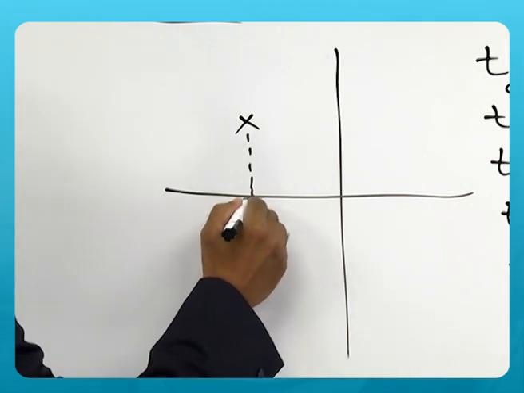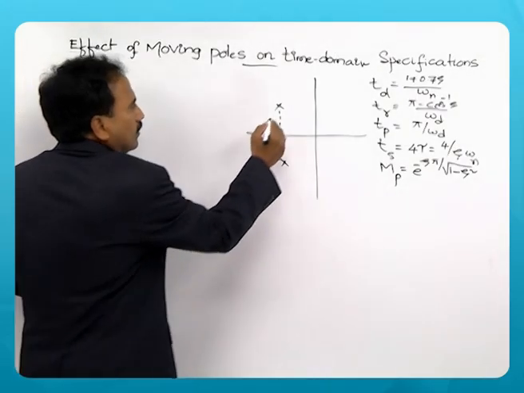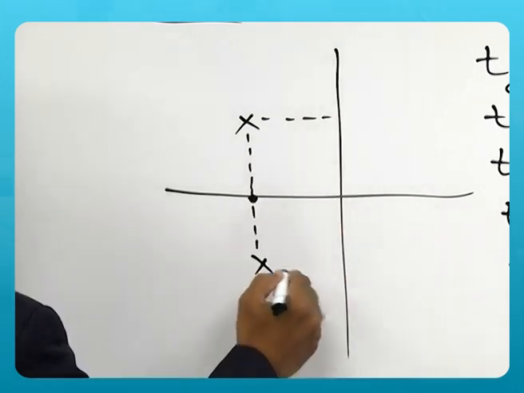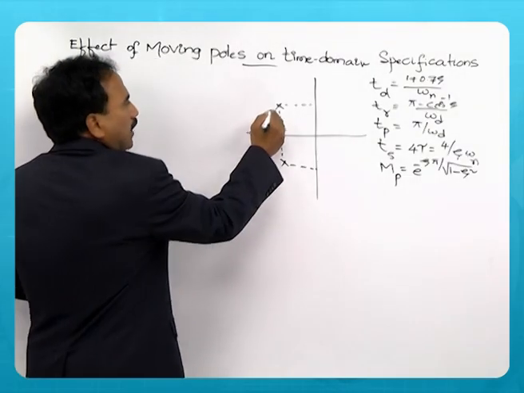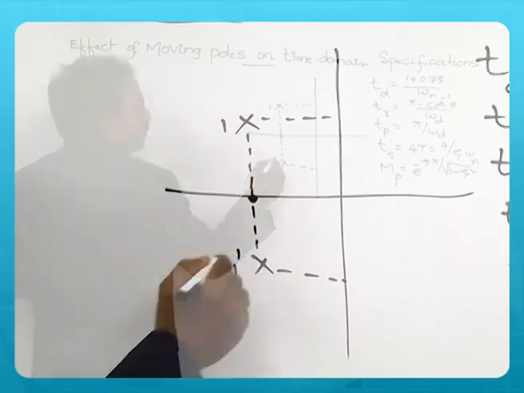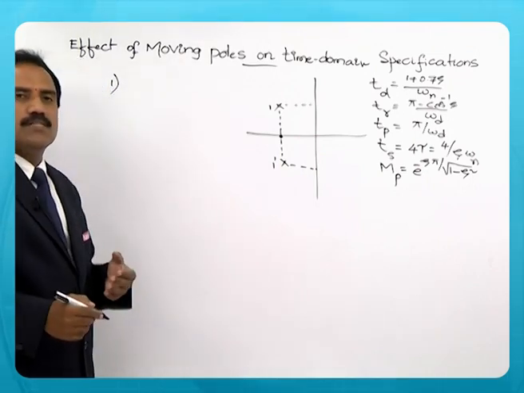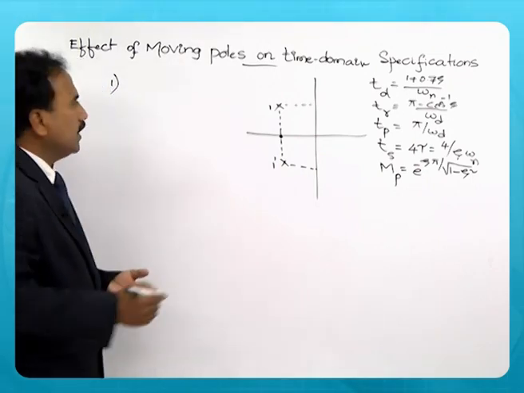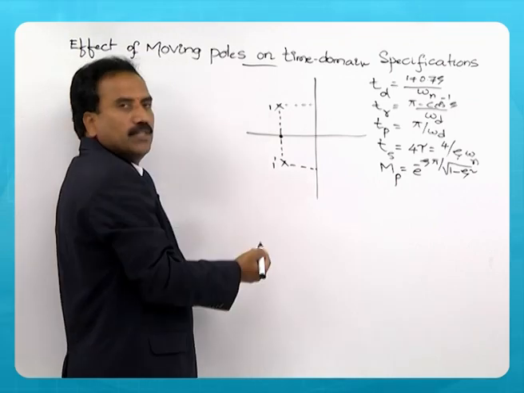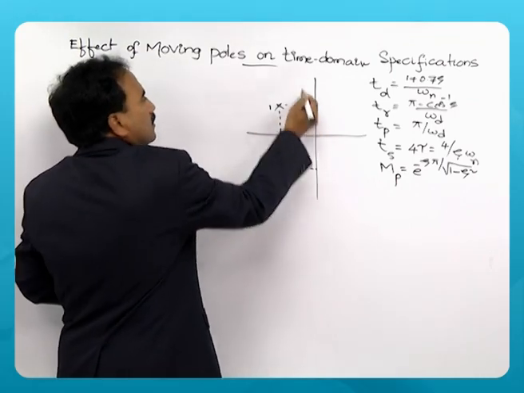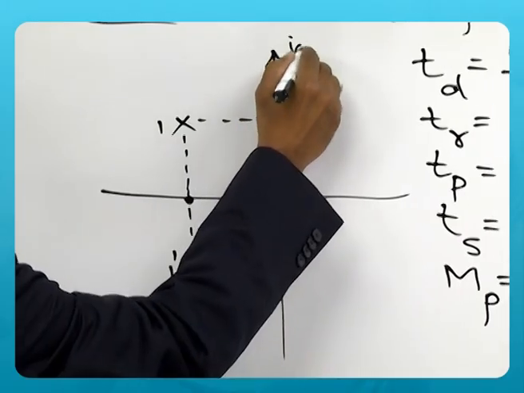It has some real part and some imaginary part. Call this pair 1 and 1 dash. Now, let us assume that these poles are moving vertically along the j omega axis.